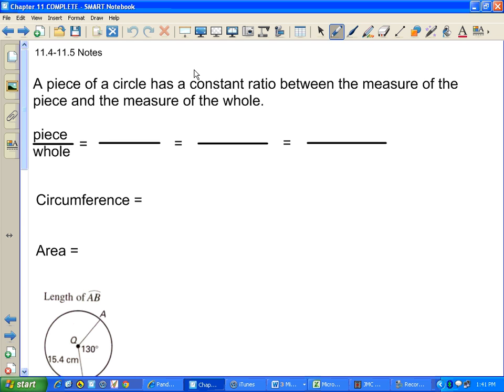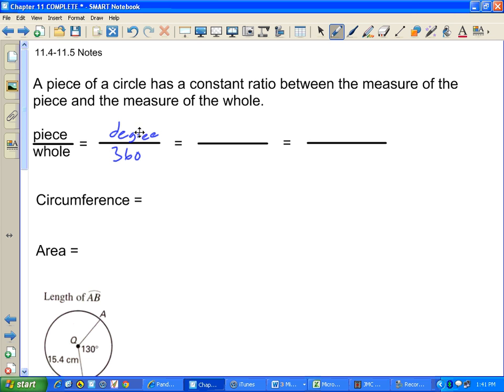So we can measure degrees, in which case the percent or the ratio would just be the degrees of the piece over 360, and that would give us the ratio of the piece, or the percent that the piece represents, the fraction the piece represents.